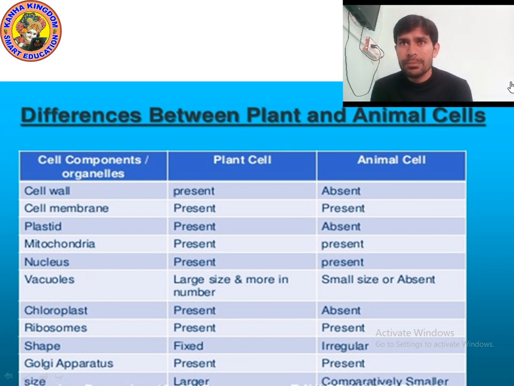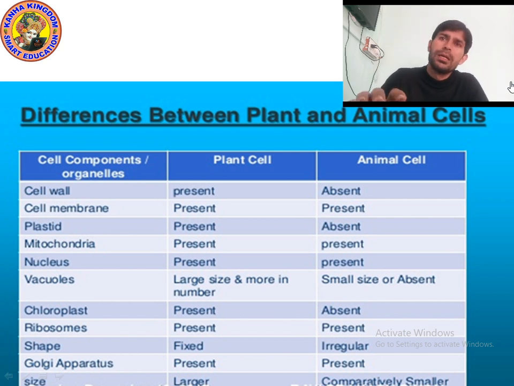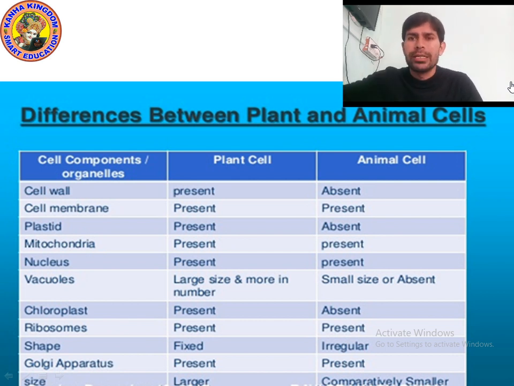Chloroplast is present in plant cell and absent in animal cell. Plant cell shape is fixed, animal cell shape is not fixed, irregular. Plant cell size is larger, animal cell size is smaller. These are the differences you will have to learn. Now let's move on to the next point.